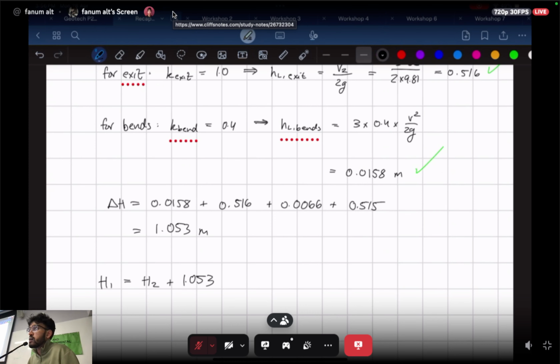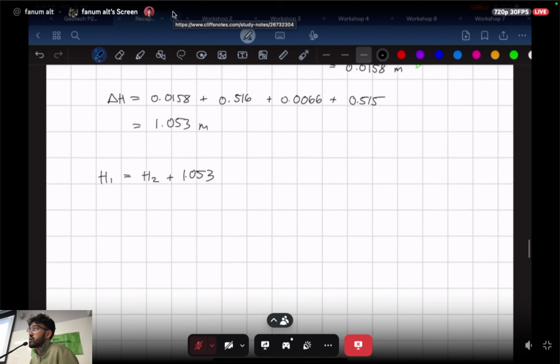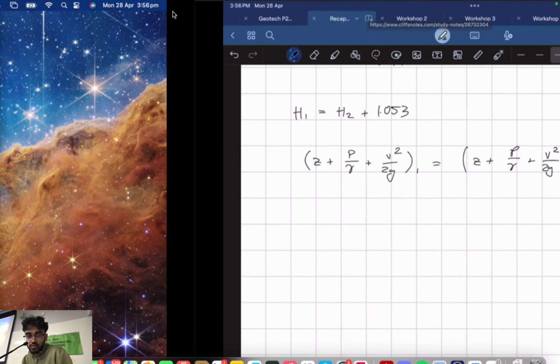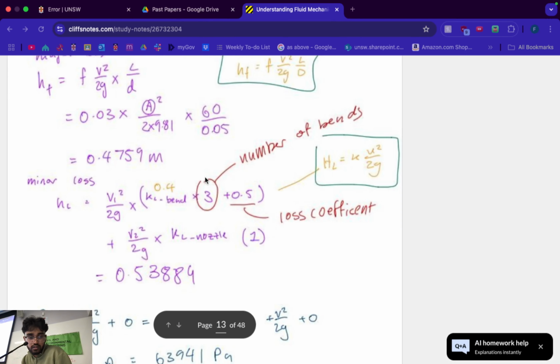Okay, now the hard part is to find our pressure. Hey, question? David? No? Okay. Pressure plus V squared on 2G, Z plus pressure at point 2 plus 1.053. I should probably cross-check my answers though.